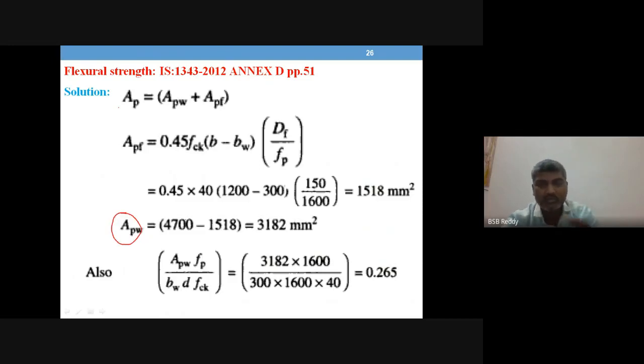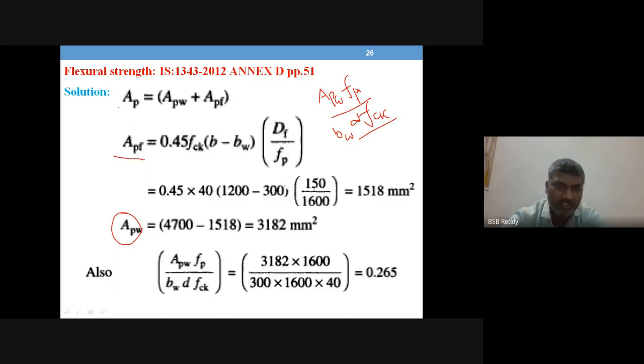Because to read table 11, you have to change the formula from APS to APW FPU divided by BW D FCK. Right? So where you need APW, for that you need to calculate APF first. So 0.45 FCK B minus BW DF by FPU, code notation.